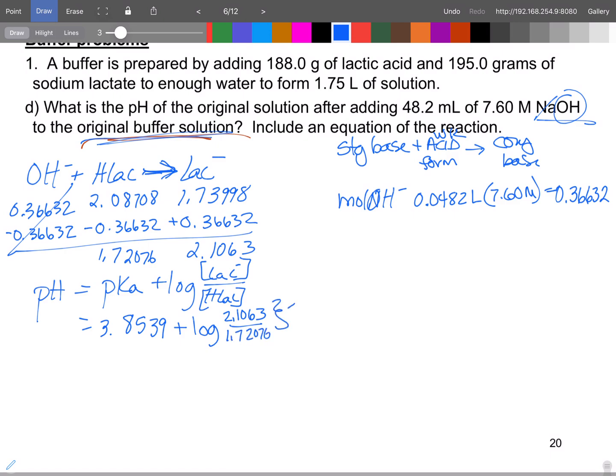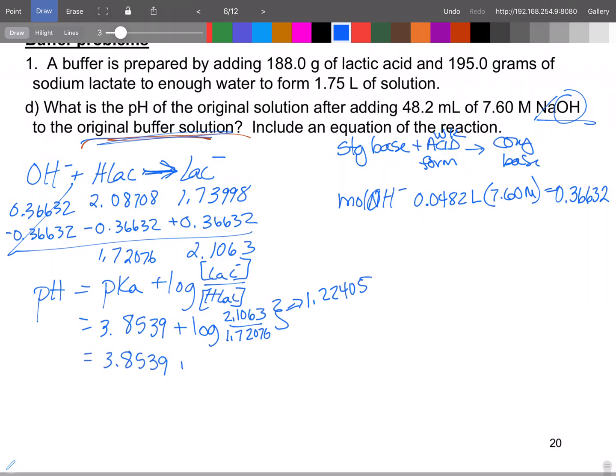The ratio here now is 1.22405 because you've increased the base. So if you're thinking about this, the pH should increase because pH is more basic at higher pH units.